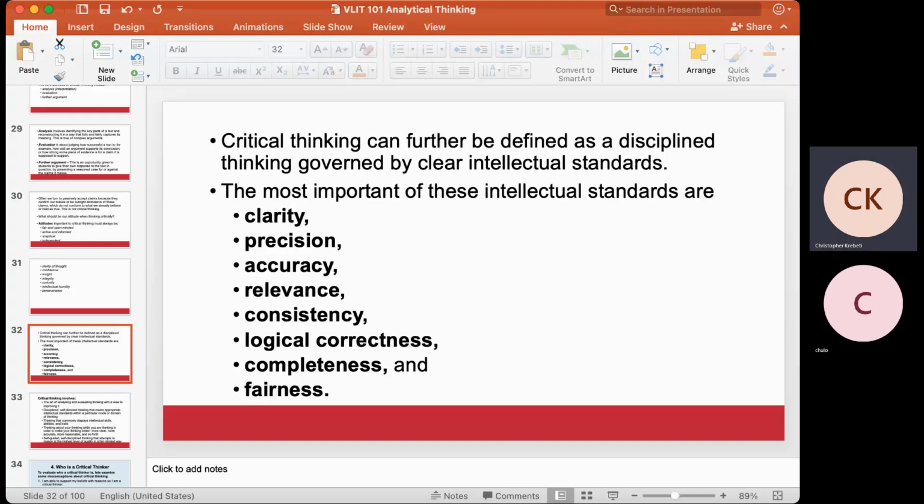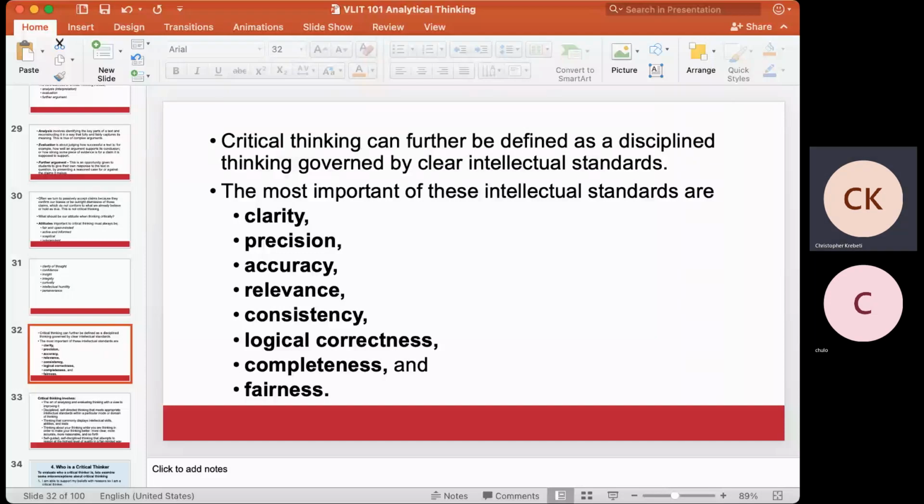So we shouldn't be talking about human issues, problems related to maybe food or shelter, and you are talking about something on the moon, astrology, or space travel. It should be relevant to the issue. Logical correctness. We should seek to be consistent, not just consistent, but systematic in our approach.